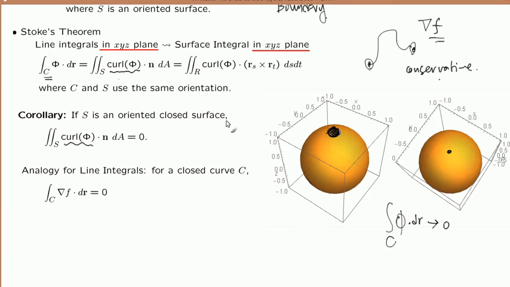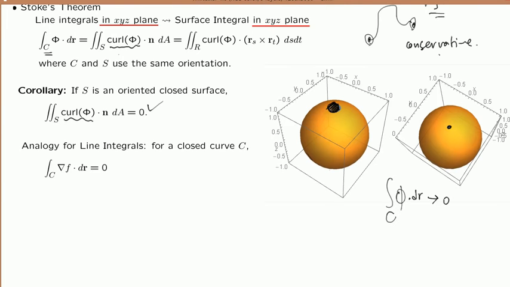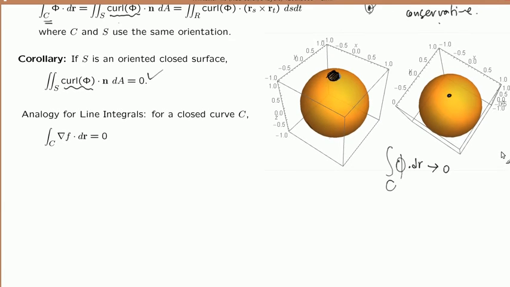So if you look at closed surfaces, and if you integrate the curl of something, the surface integral, you expect the answer to be 0. So you can use that to prove the given vector field is not the curl of some vector field. Then you integrate over a sphere and realize that it was 1. If it is the curl of something, it must be 0. But I got 1. Therefore, I proved this is not the curl of something.